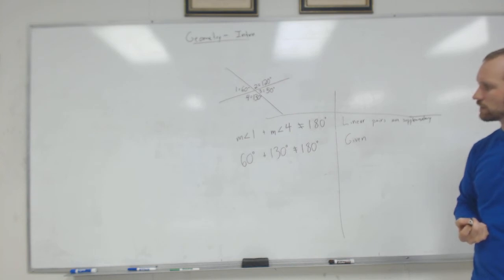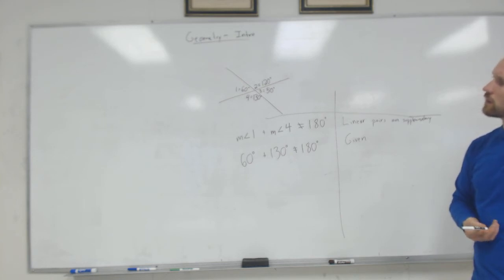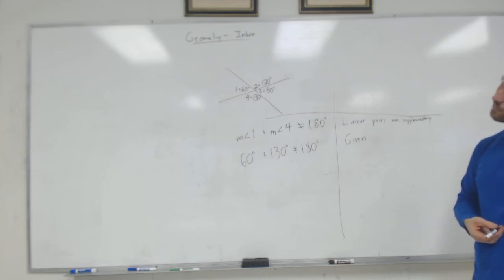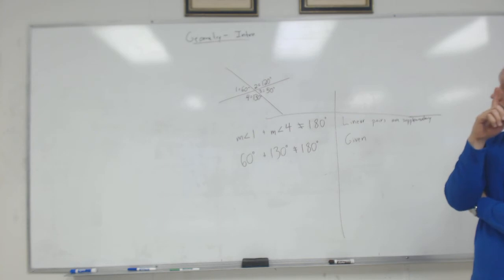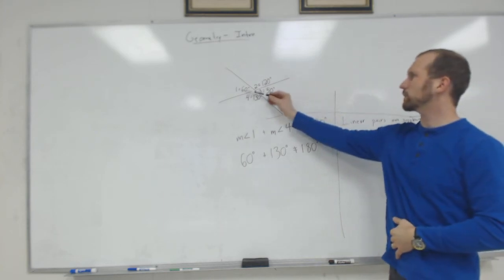Would there be something else that doesn't work? You know how you said the definition of equivalent angles? Should any of them be equivalent? This doesn't have to be equal to this.